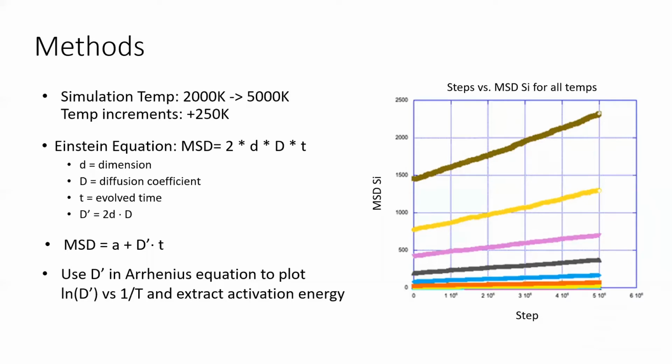From this graph, I can extract every slope from each individual temperature from the simulation. Each color indicates a different temperature from 2000 Kelvin to 5000 Kelvin. After we get a D prime value from a graph like this, we can use the Arrhenius equation so that we can extract the activation energy.